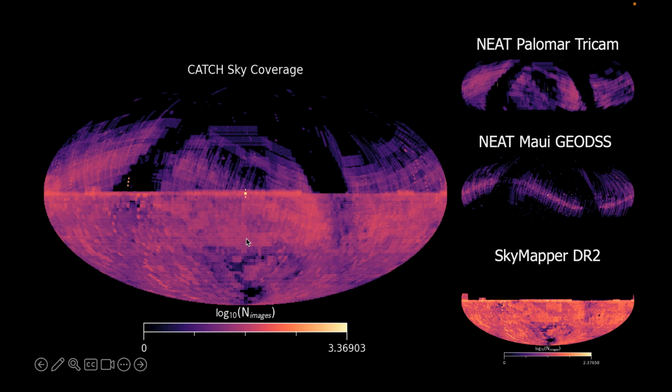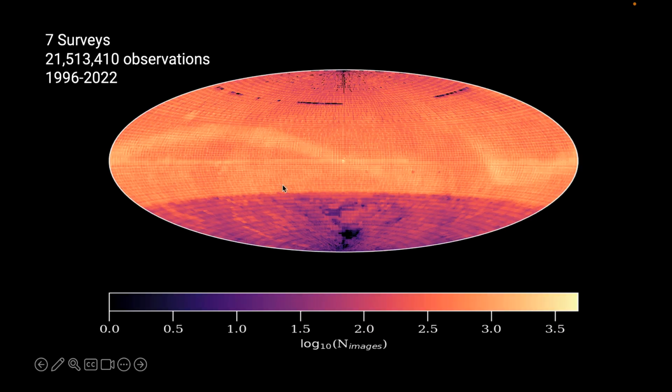And in fact, we've added some more recently. So now the sky coverage is pretty much complete. And in the Catch database, you have over 21 million such observations dating all the way back to 1996. So to be able to search through and find pre-covery images for any given comet or asteroid is going to take some special spatial indexing, since you obviously can't iterate over 21 million geometries at a time.